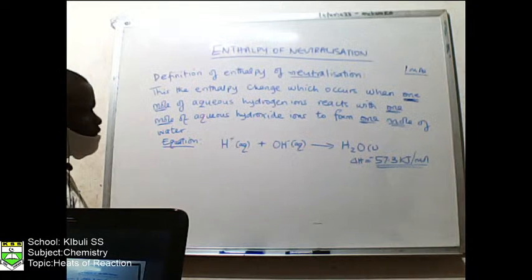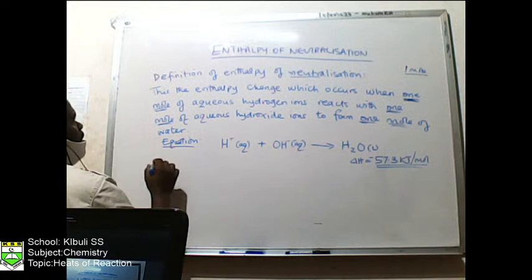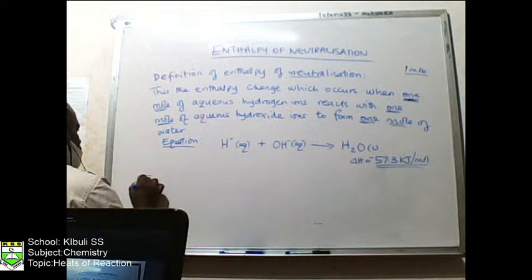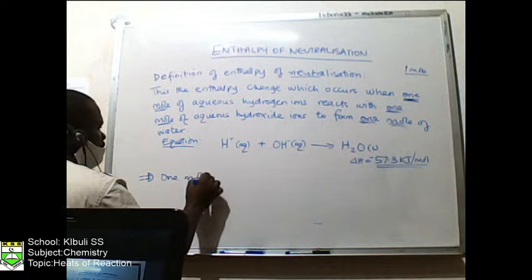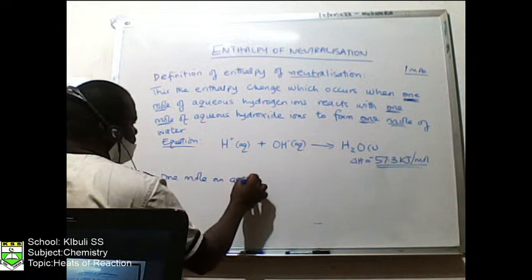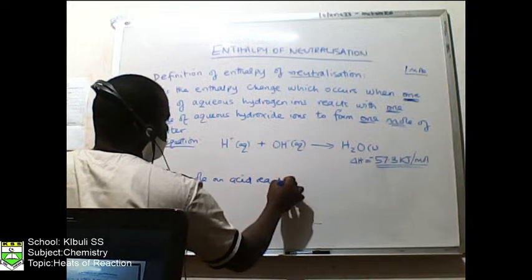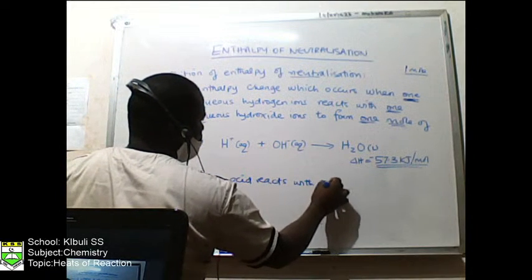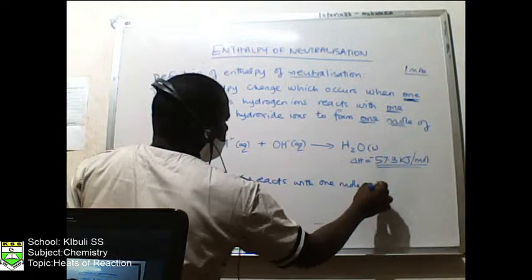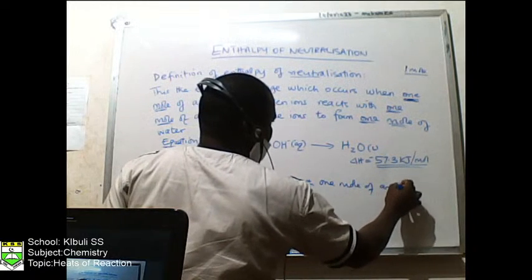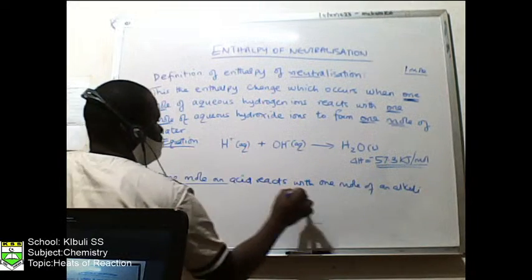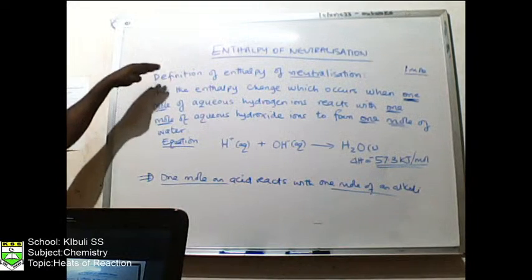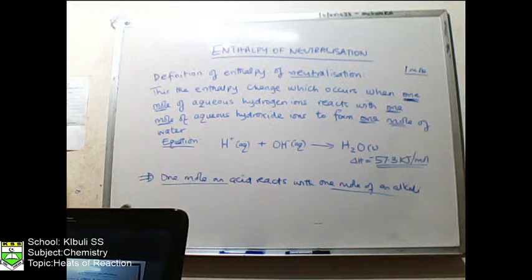Then it is wrong to define this enthalpy change as one which occurs when 1 mole of an acid reacts with 1 mole of a base or an alkali. It's wrong to define enthalpy of neutralization as the enthalpy change that occurs when 1 mole of an acid reacts.